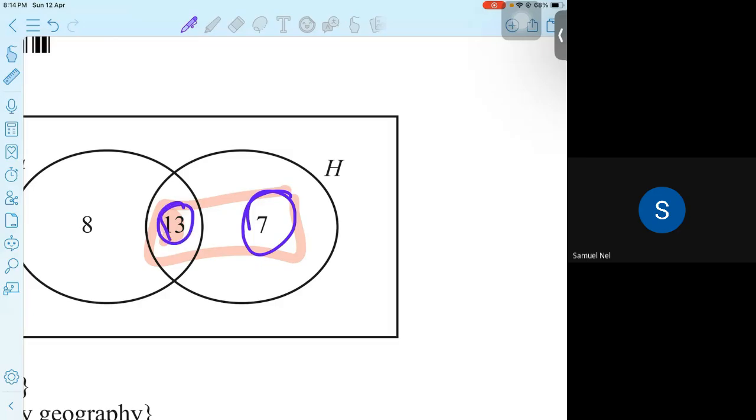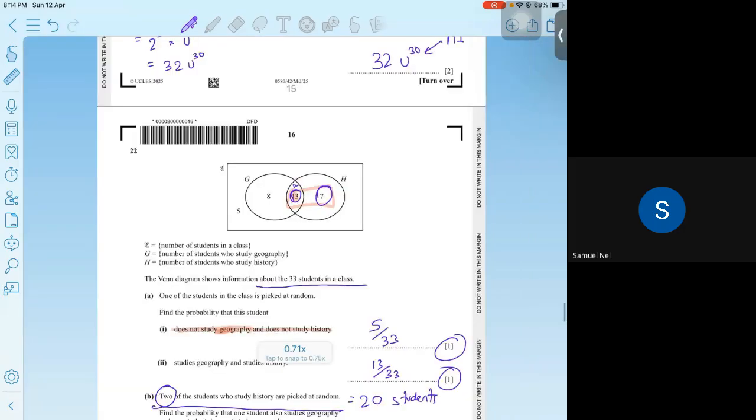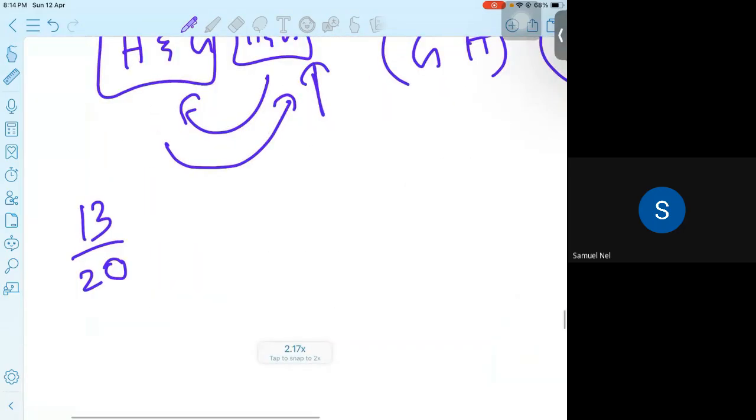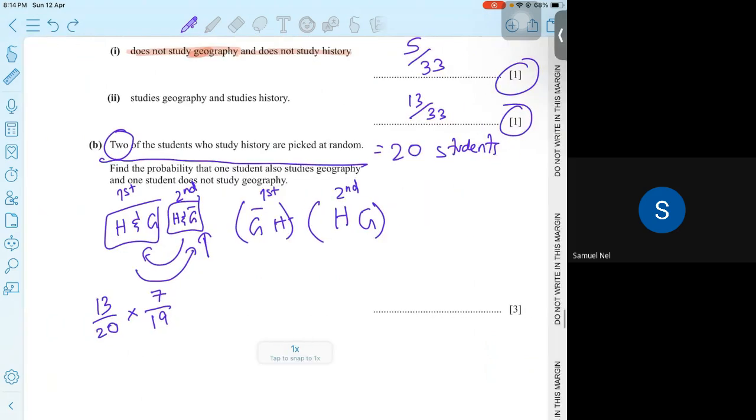My experiment has changed slightly. I no longer have 20 students available. I actually have 19 students available because this became 12 now. One of these students has been taken as the first student. Do you recall that? So my workout has now become 13 over 20 into 7 over 19. This changes once, right? Are you all with me?